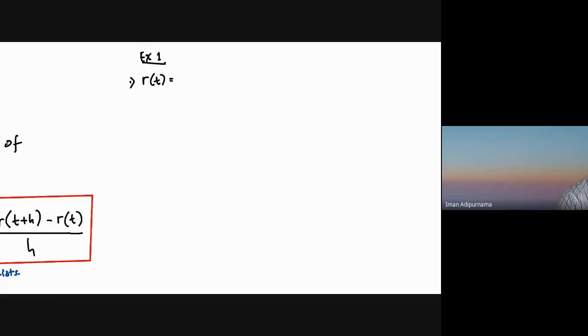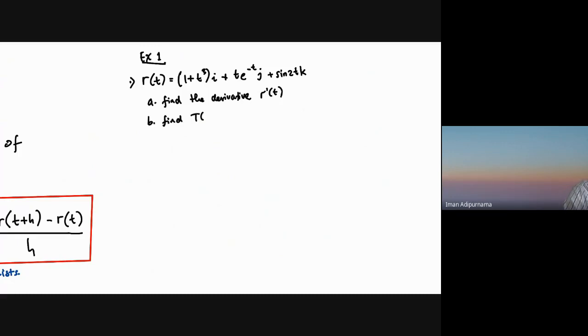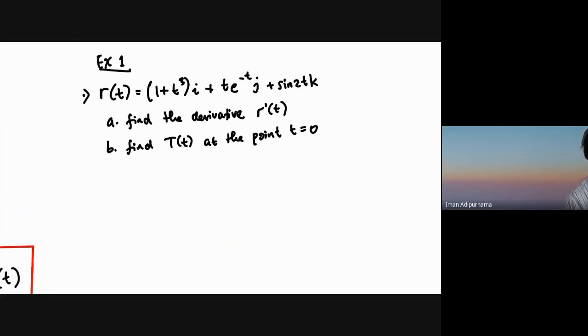We have vector functions. The first typical question in chapter 13 is finding the derivative and finding the unit tangent vector.